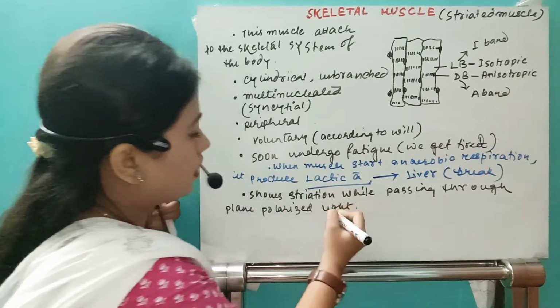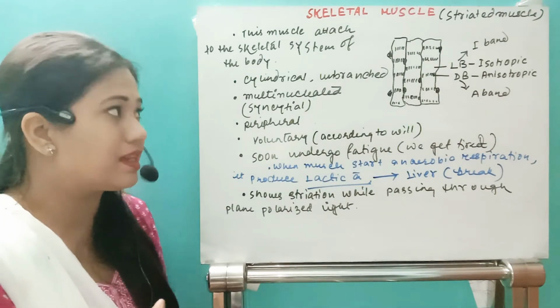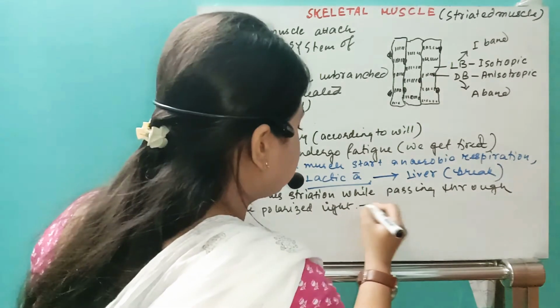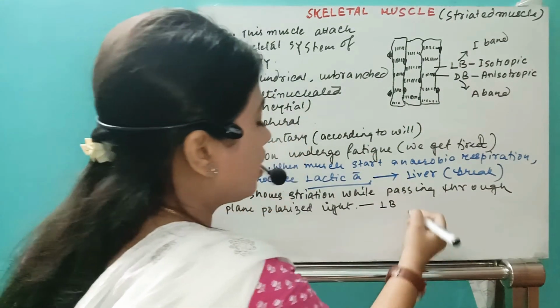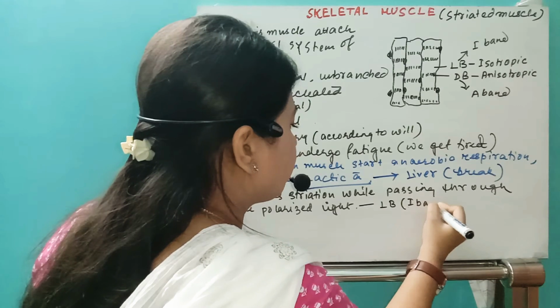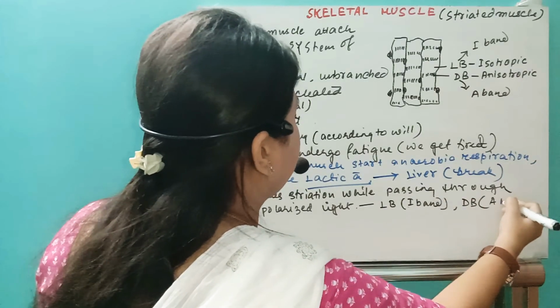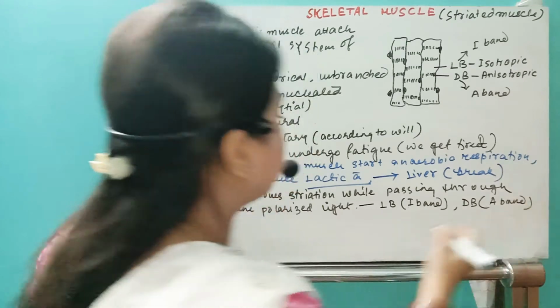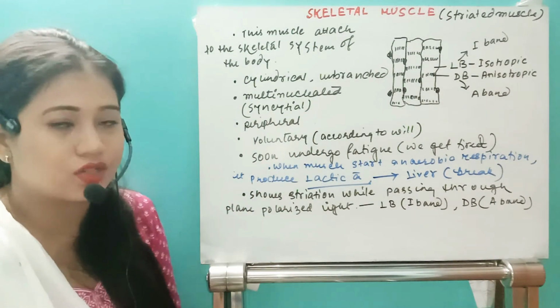Whenever plane polarized light passes through this muscle, it shows the light band, or I band, and the dark band, or A band. So that is about the skeletal muscle introduction.